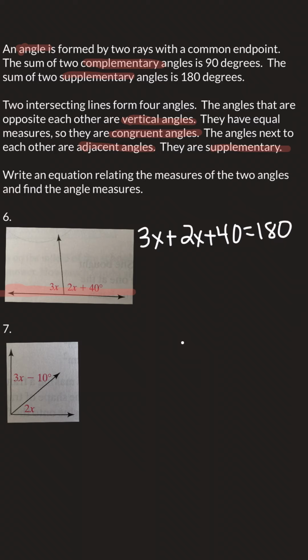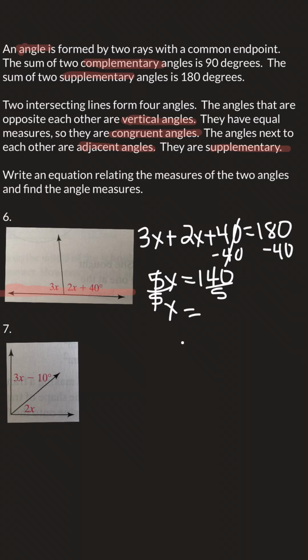Let's combine like terms, get 40 on the other side. So we are going to have 5x equals 140. Divide by 5. x is going to equal 28.